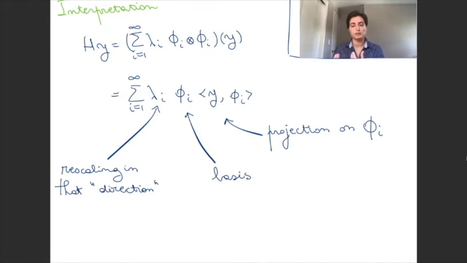So we can interpret this as we take y, that is the function we want to apply the operator to, we project it on the direction of one of the eigenfunctions, and that projection we use to rescale by the associated eigenvalue, and then we multiply by the basis.